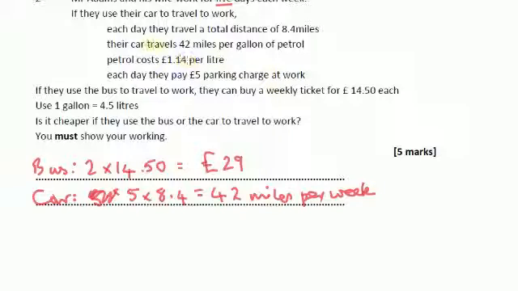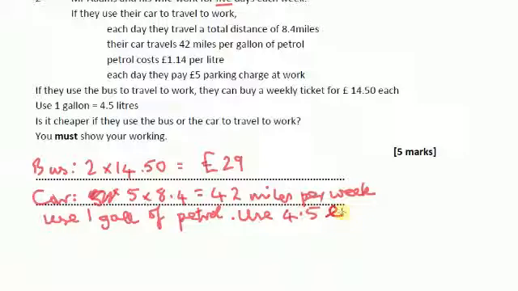Then their car travels 42 miles per gallon. So they use exactly 1 gallon of petrol to go 42 miles. And we know that 1 gallon is 4.5 litres. So it means they use 4.5 litres of petrol per week.